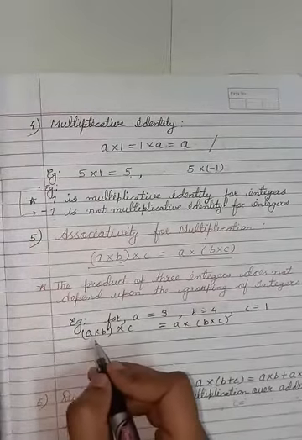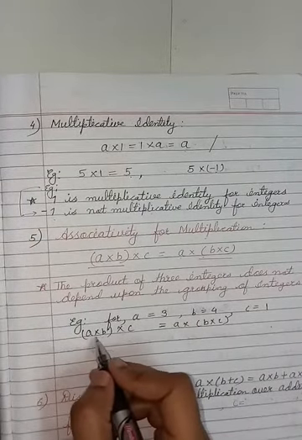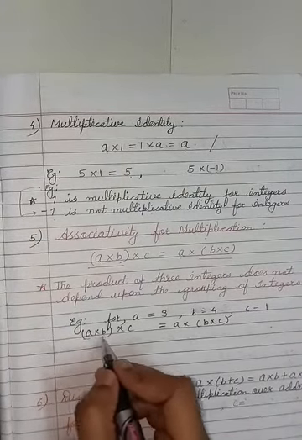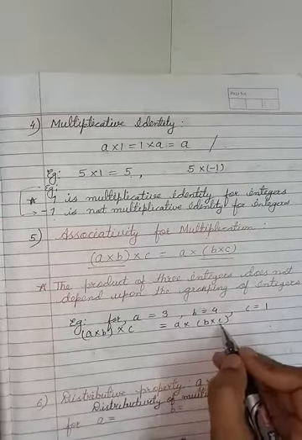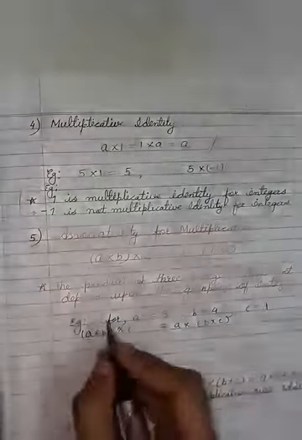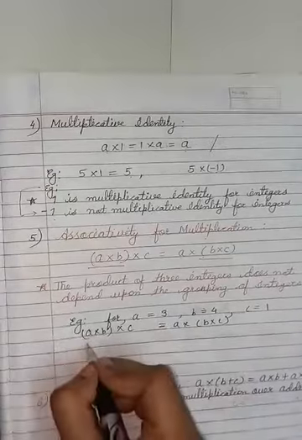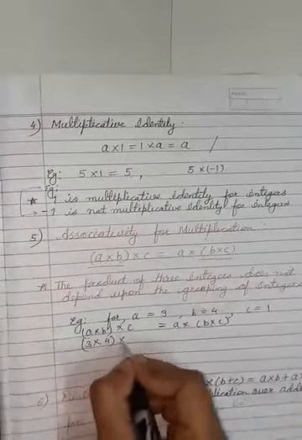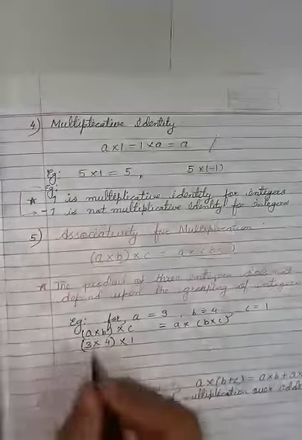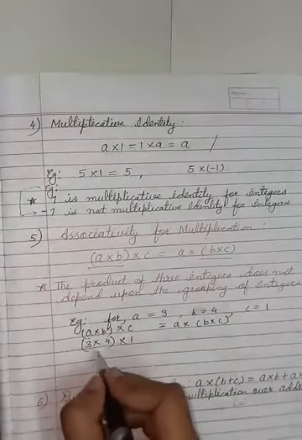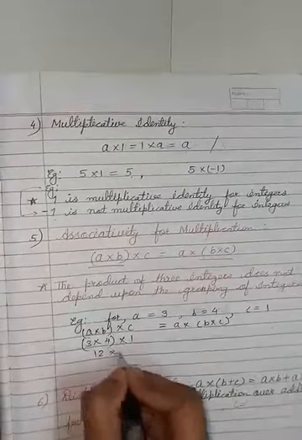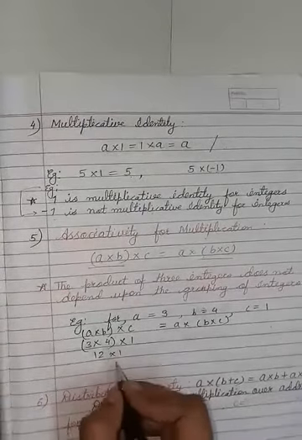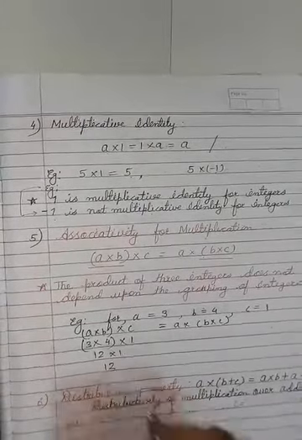On the LHS the group of a and b comes first, and on the right hand side the group of b and c. On the LHS, 3 fours are 12, and multiplied by 1, 12 ones are 12.